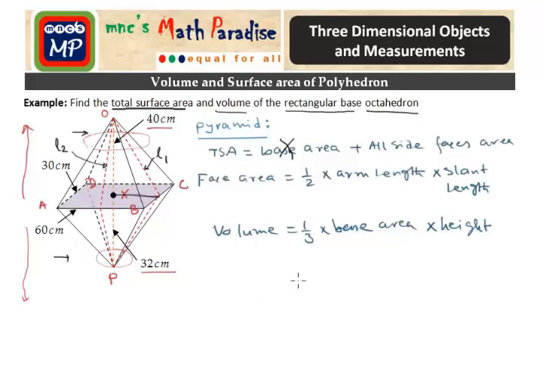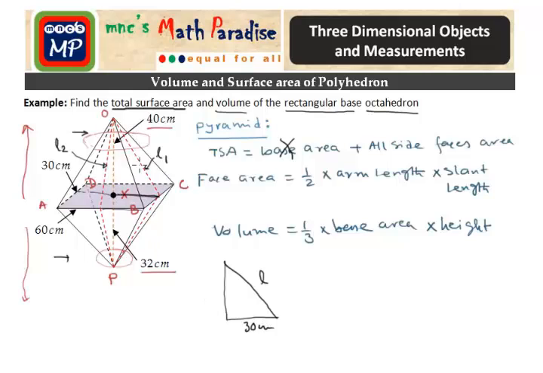If we draw that triangle separately, this is the slant length L, and this length will be half of AB, because from the center to this arm, if we extend it, the total arm AB is 60 centimeter, so half is 30 centimeter.